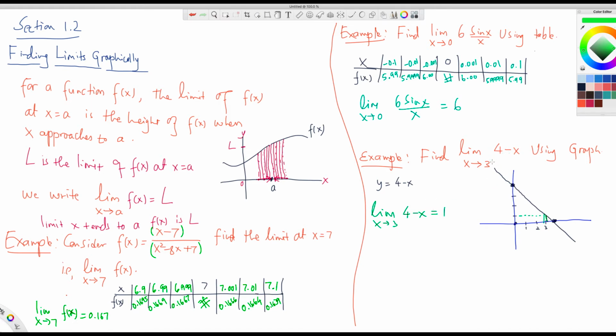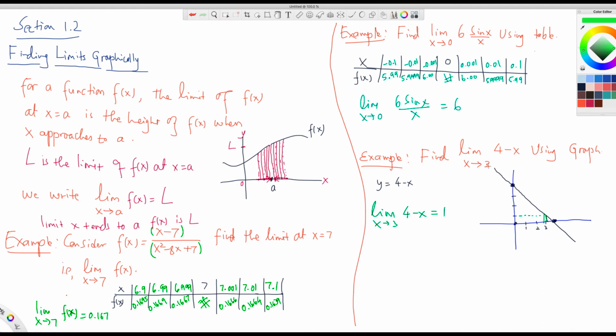If you take the values of x close to 3 here, what do you get? At 3.1, it is 4 minus 3.1, right? That is 0.9.